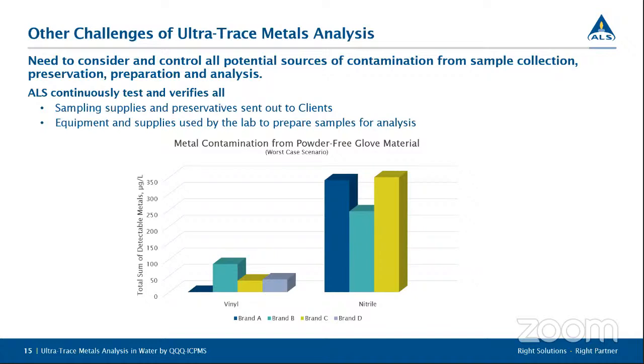The chart below compares the two most common glove materials, vinyl and nitrile gloves, from a few different manufacturers. So clearly, the nitrile glove material poses a much greater risk of contamination over vinyl gloves, but even amongst the vinyl gloves, some brands are better than others.